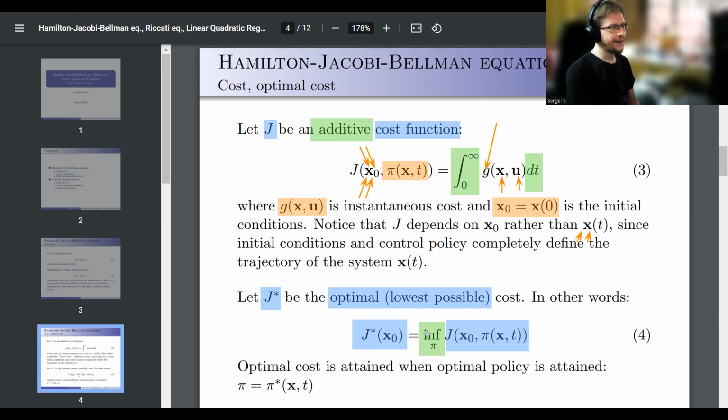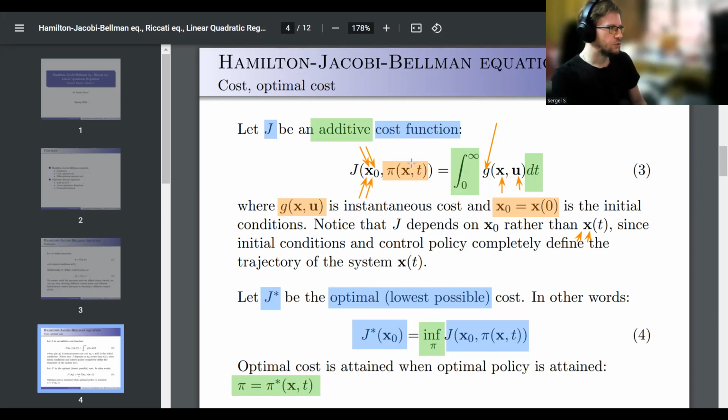And the control policy that makes it possible is pi star of x and t. We call it pi star, the optimal control policy.